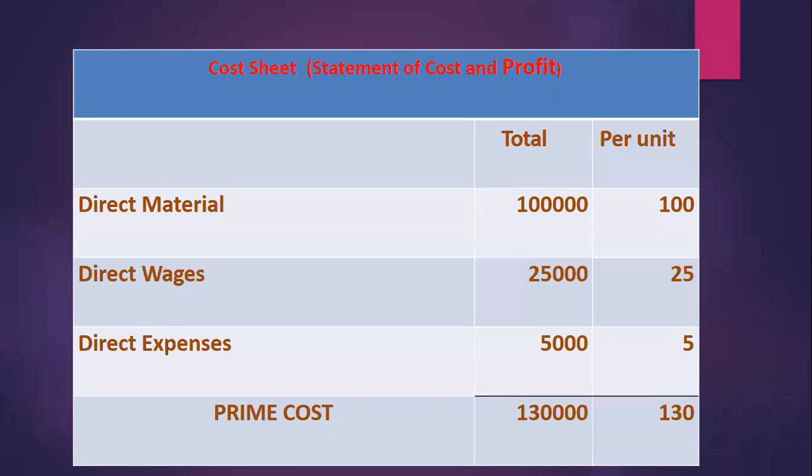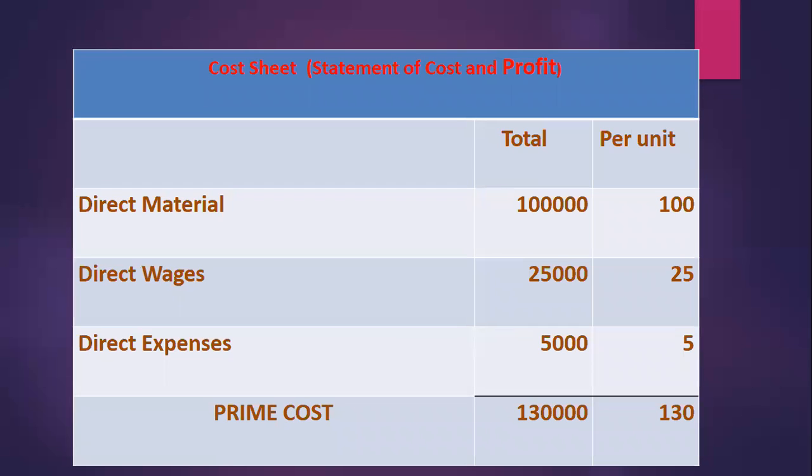To find per unit, simply take the total column divided by the number of units you are going to produce. That is a basic assumption. At a later stage, you will see that at every stage we have different things to multiply and divide. This is just for understanding the basic concept of a cost sheet.